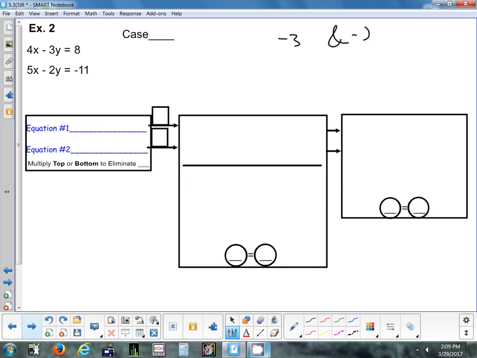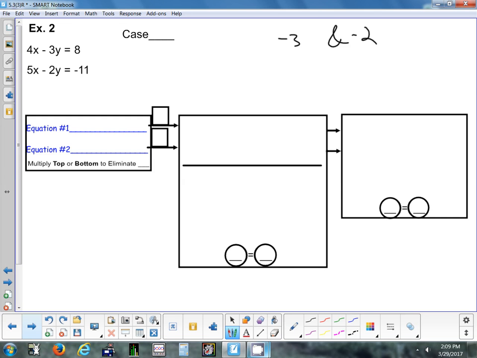Negative 2. So we got to think of a number that basically 3 and 2 both divide into. That's why this one's the hardest one. Can anybody think of a number you can multiply 3 by and then multiply 2 by and get the same thing? 6. Yeah, you're just basically multiplying each equation by the other number.